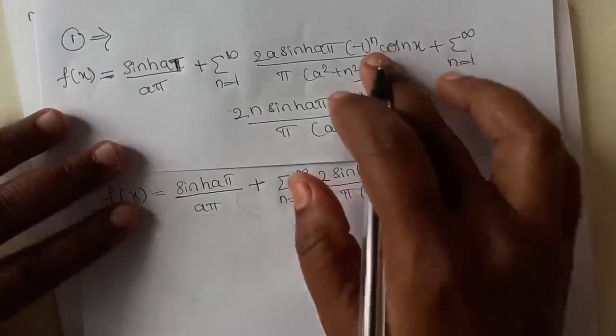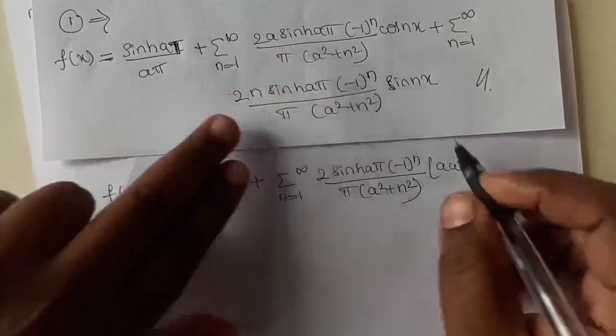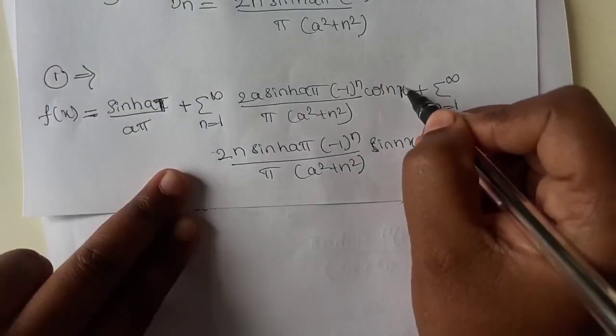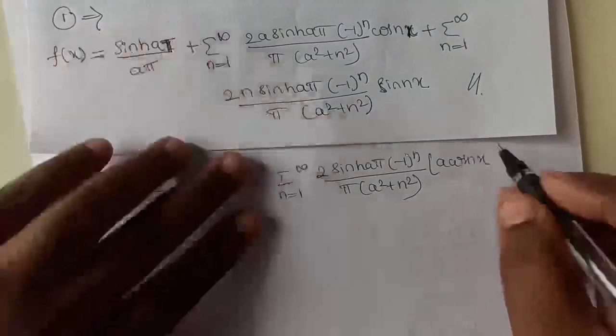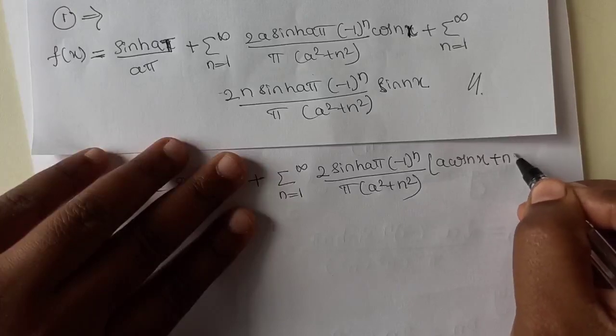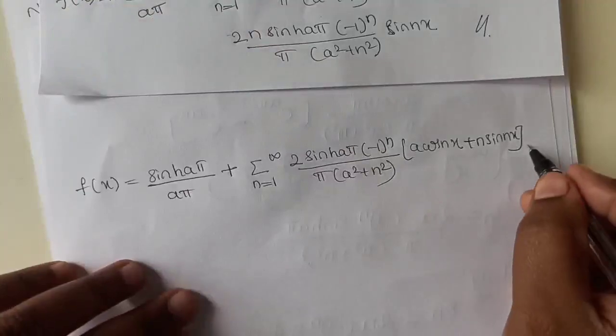So on taking common, here we get a cos nx plus n sin nx. So this is the required Fourier series.